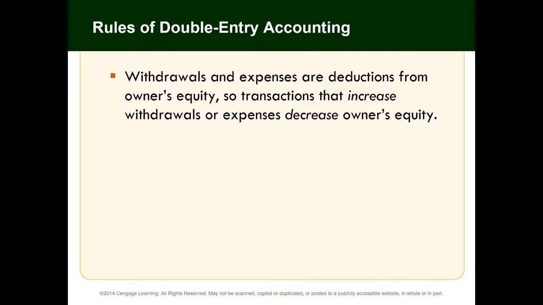All right. Now for owner's equity, it depends on the account under owner's equity. We have 4 accounts under owner's equity. We have the capital, the revenues, the expenses, and withdrawals. Now, let me give you this general rule.